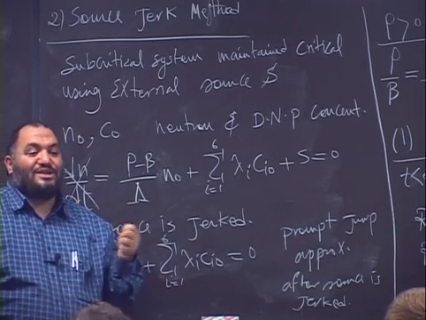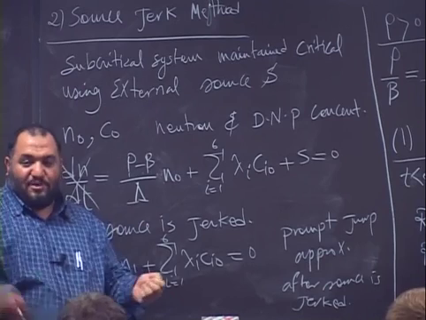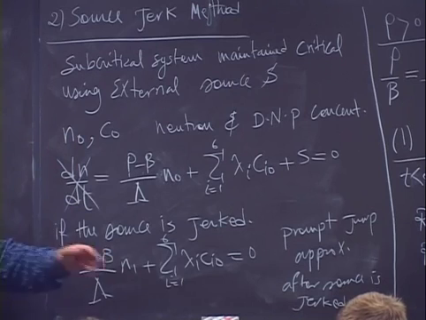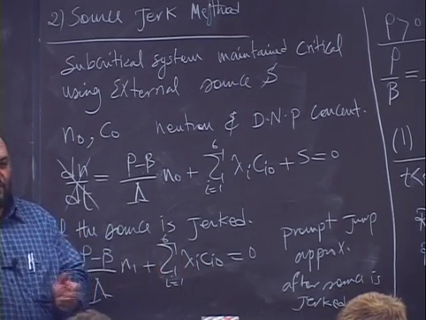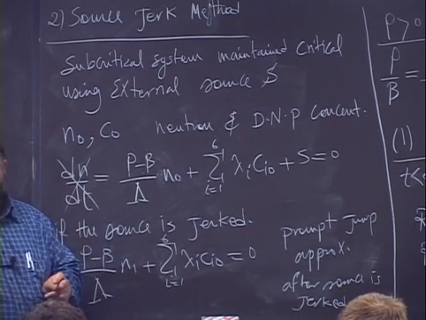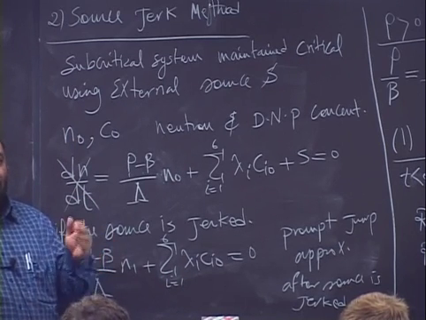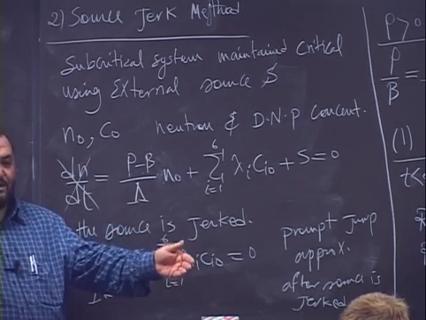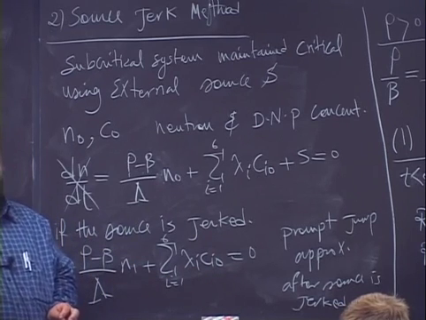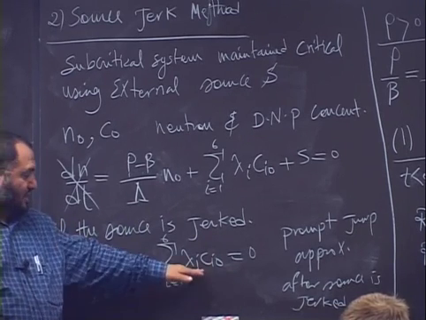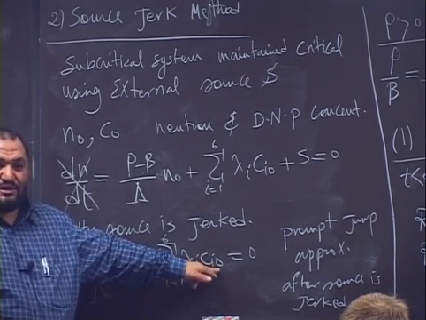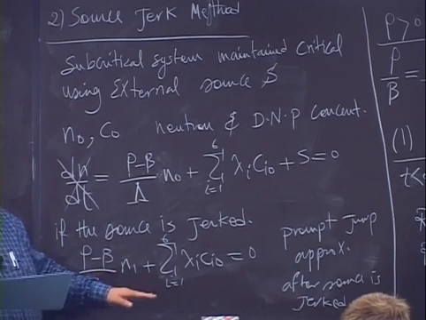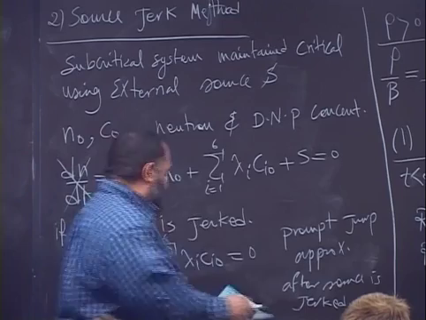It has inertia. You cannot just change your delayed neutron precursor concentration to a new value just after removing the control rod. It will take time, because this depends on the formation in the fission, then the beta decay, and the instantaneous decay by delayed neutrons. This is why I put lambda i Ci naught, the concentration just before the jerk.